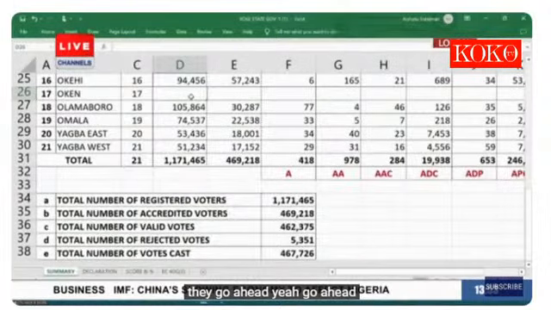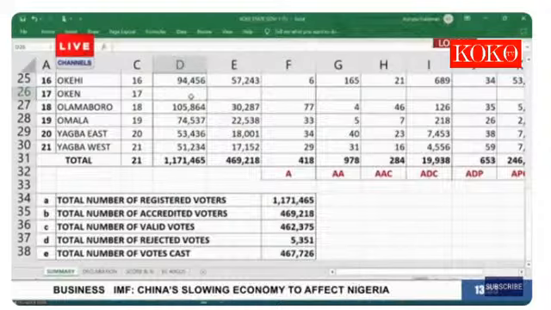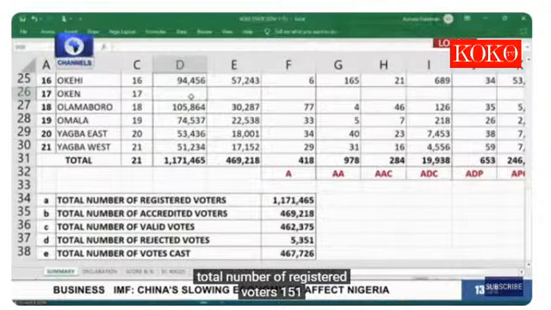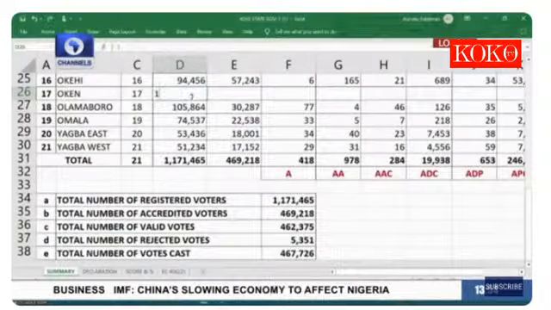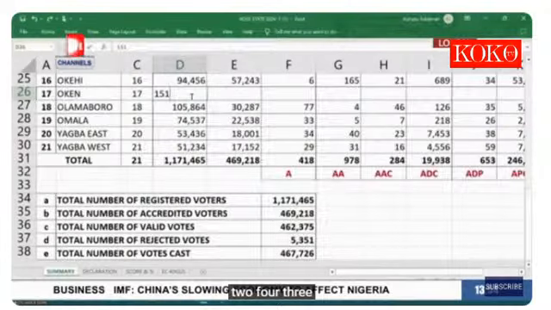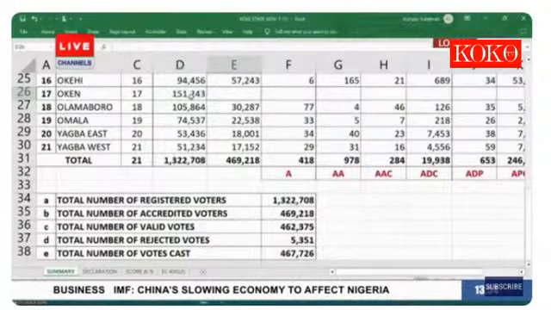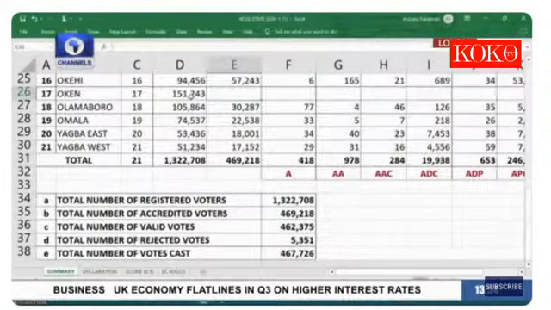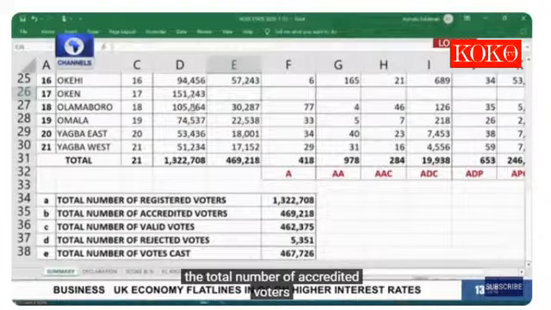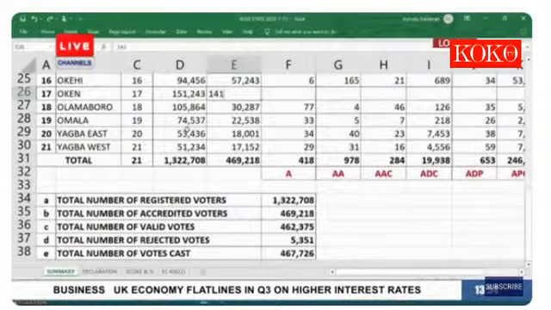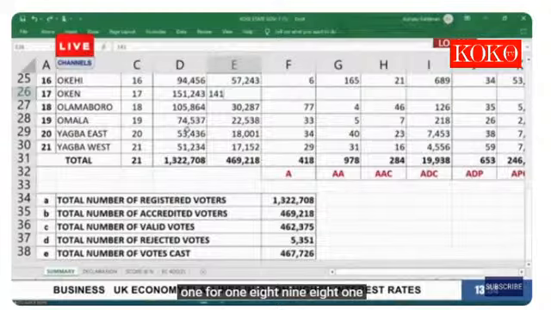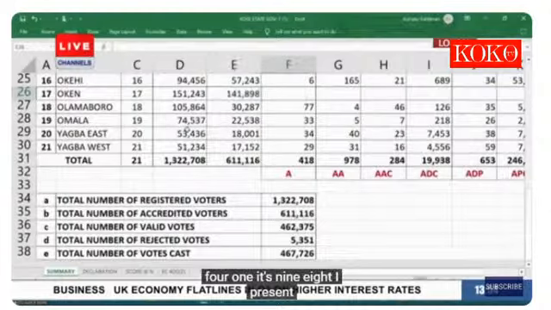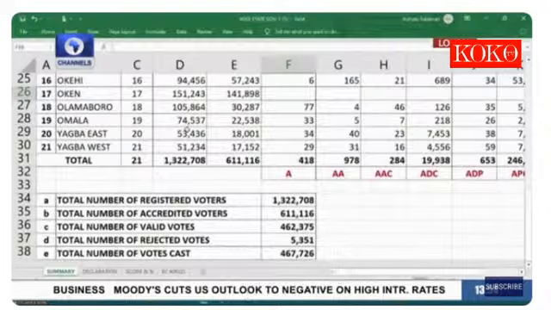Total number of registered voters, 151,243. The total number of accredited voters, 141,898. I present the party votes.